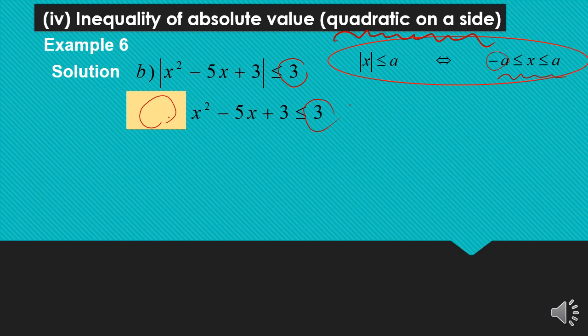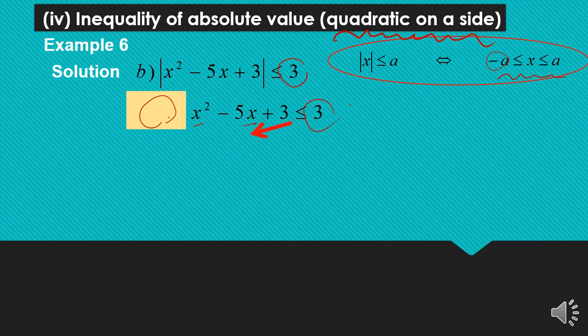Okay, if we see here, we cannot solve it directly because we have x squared and x, so two terms that contain x. So what we can do is to solve for one side and then the other side. We can separate into two inequalities.